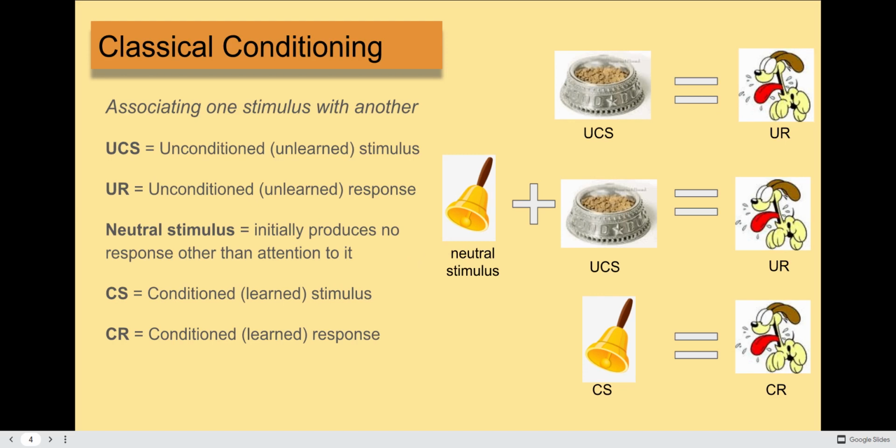The bell was no longer neutral. We now call it a learned or conditioned stimulus. And the dog salivating at the sound of the bell alone is now a conditioned or learned response. This is the basis for classical conditioning. Classical conditioning is when an unlearned stimulus is paired up with a neutral stimulus, and eventually the neutral stimulus brings about a learned response.